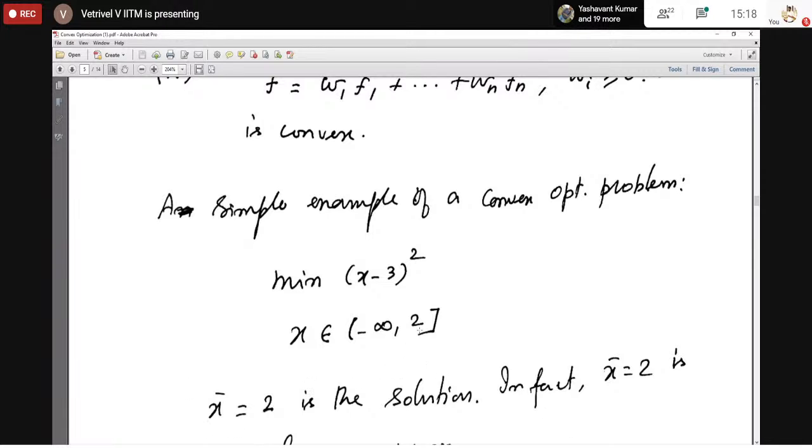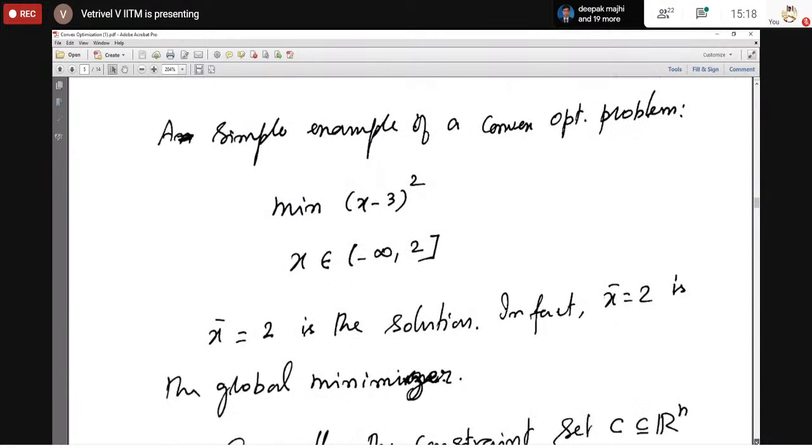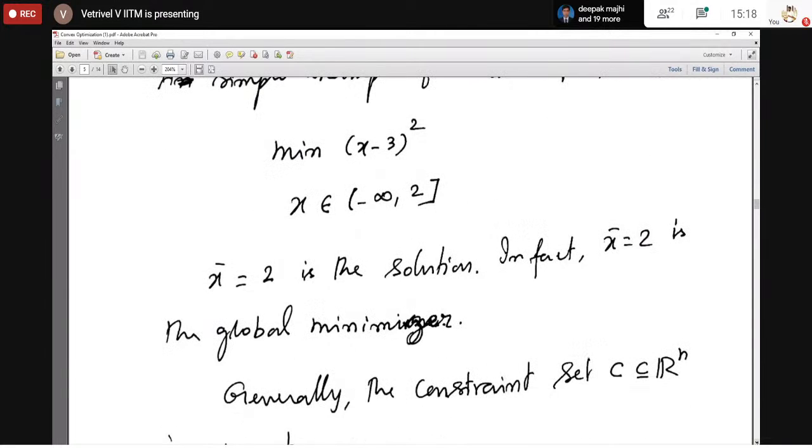Therefore, the minimum is attained at the end point 2. So x bar equal to 2 is a solution. Another advantage of convex optimization is, if I try to find a local minimizer, it also becomes a global minimizer. That is the advantage of the convex program. Both are synonymous, convex program or convex optimization problem.